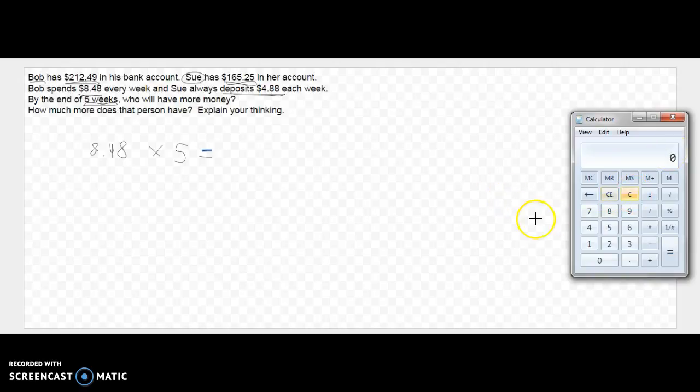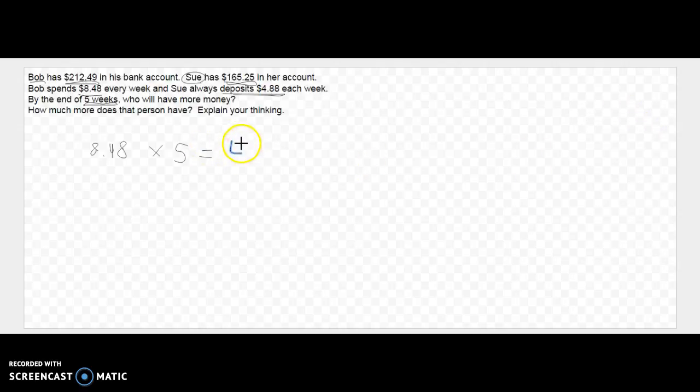So in this case, I would do $8.48 times 5. And that would be 42.4. And if you see the 0.4, some of you would remember from the last module that when you're dealing with money, there always will be 2 places after the decimal.